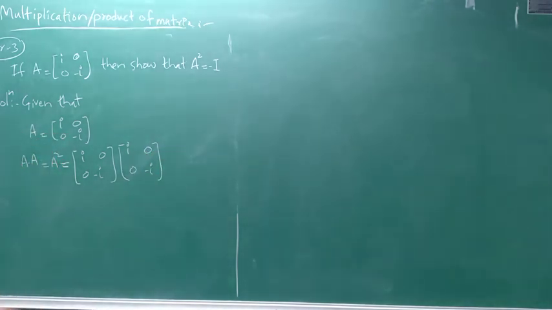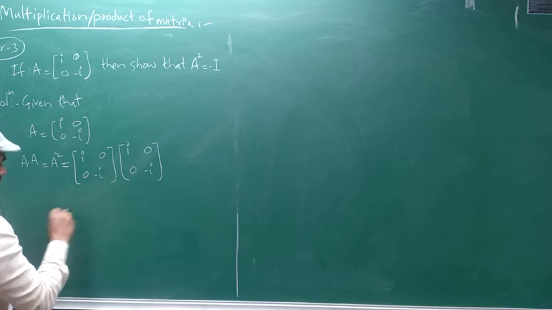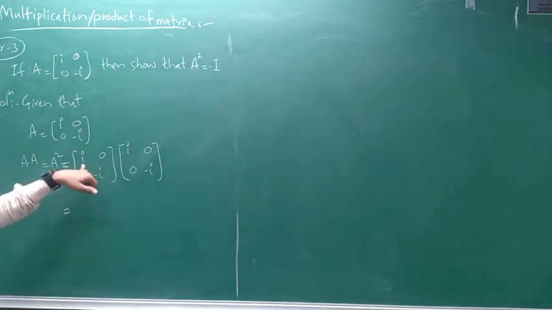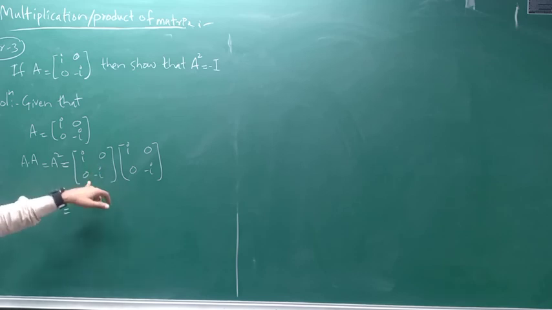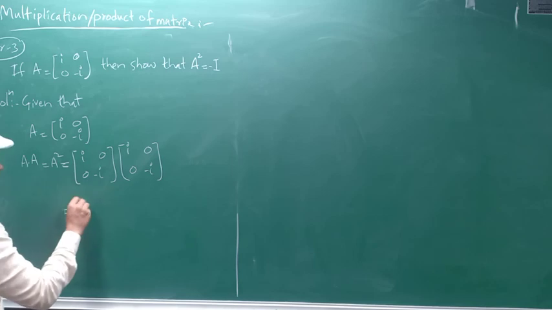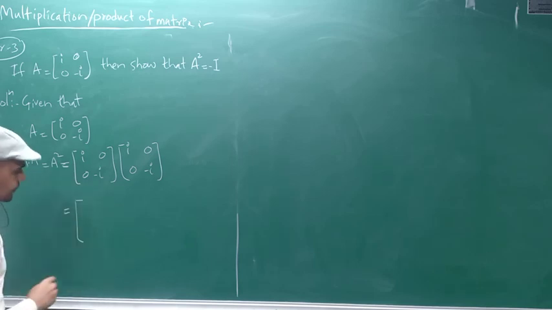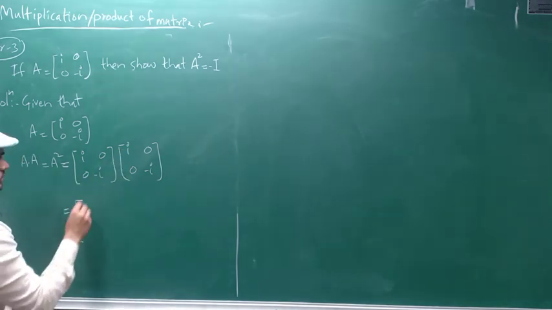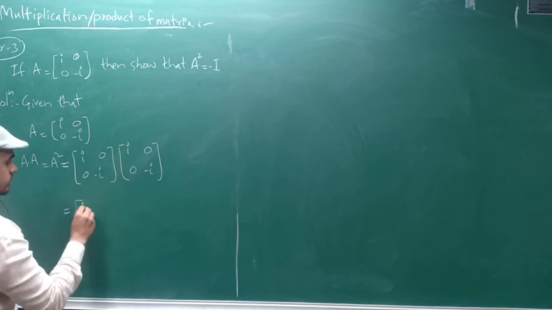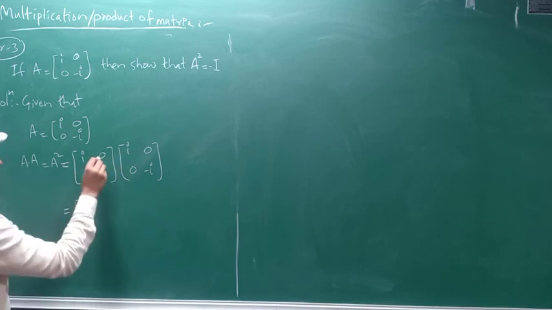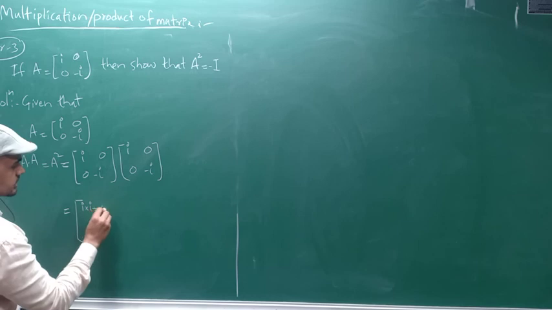As we have learned how to multiply matrices, we take first row first column, then first row second column, then second row first column, then second row second column. So first row first column: i into i, 0 into 0 plus 0.